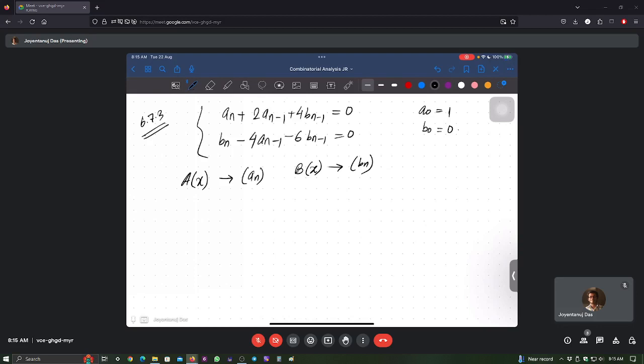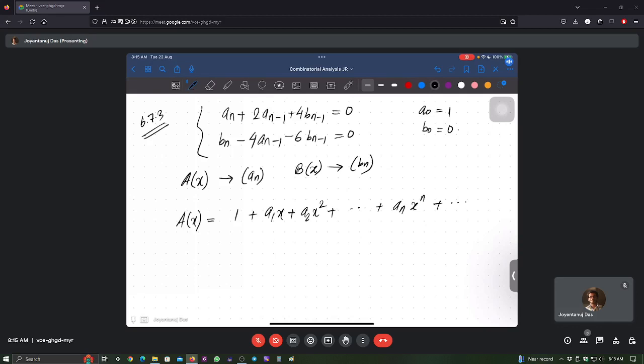So I guess what we can do is manipulate A(x) by multiplying it by 2 and then shifting it one place. So 2x A(x) we need to do, right? I'm just writing 1 because a0 is 1, they have given. So that is our aim.